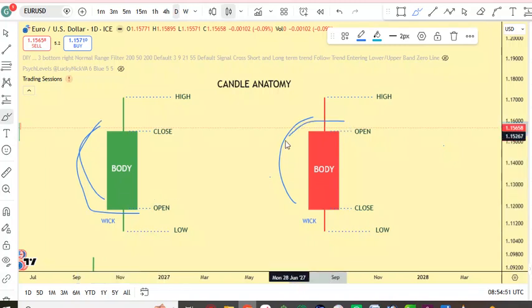The red candle is what we call the bearish candle, the sell candle, the down candle. So we have the up candle, the candle going up, and the down candle, the candle coming down.